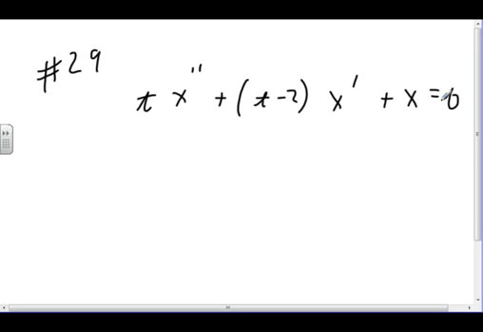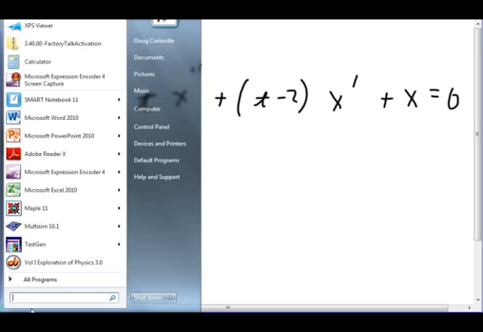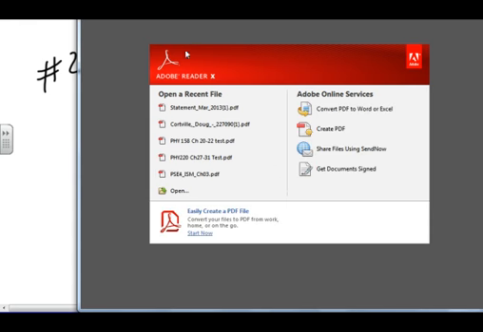We want to transform the given differential equation to find a non-trivial solution such that x of 0 is 0. I don't know what that means. But luckily, the instructor does have other resources he can call upon.